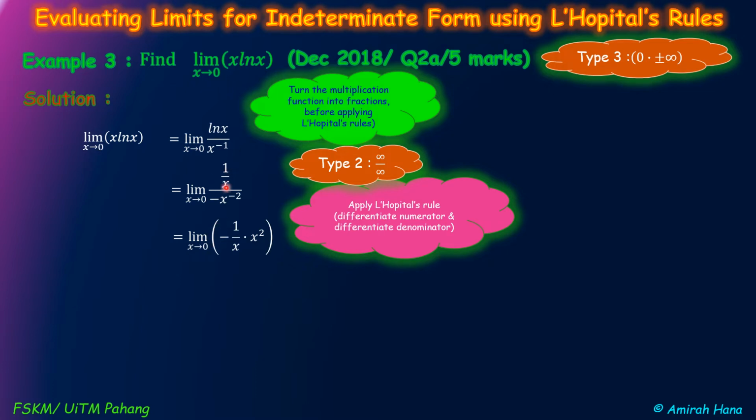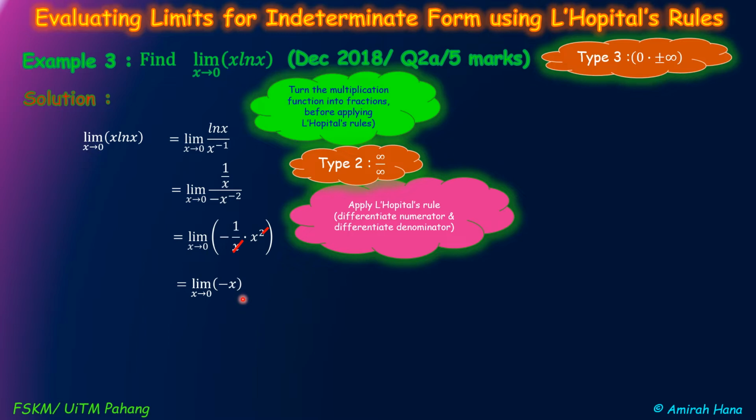So we have 1 over x, -1 over x, and then x squared or x to the power of +2 in the numerator. From here, we can simplify x squared and x.